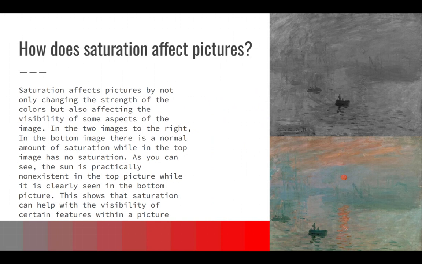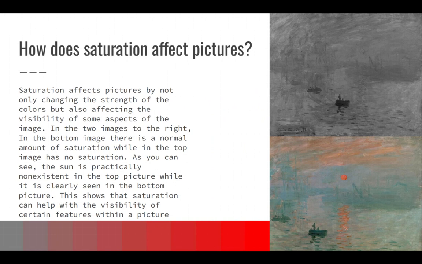How does saturation affect pictures? Saturation affects pictures by not only changing the strength of the colors, but also affecting the visibility of some aspects of the image. In the two images to the right, in the bottom image, there is a normal amount of saturation, as you can see the boat, the river, and the sun.